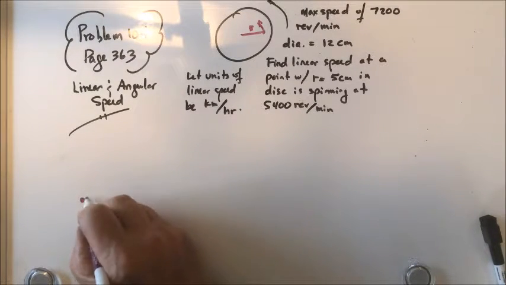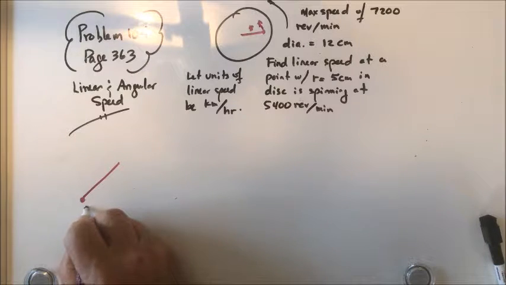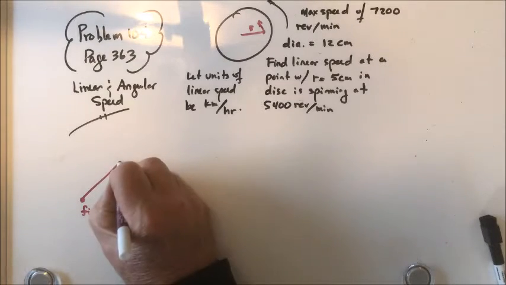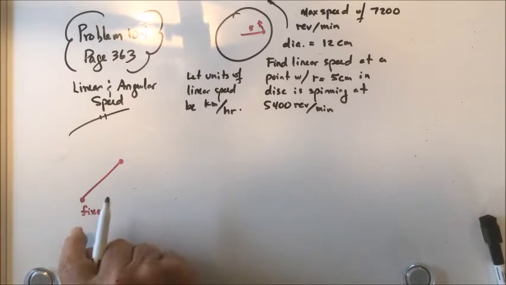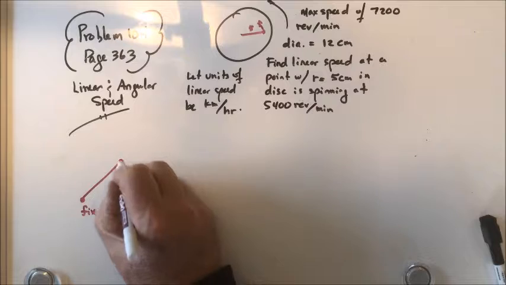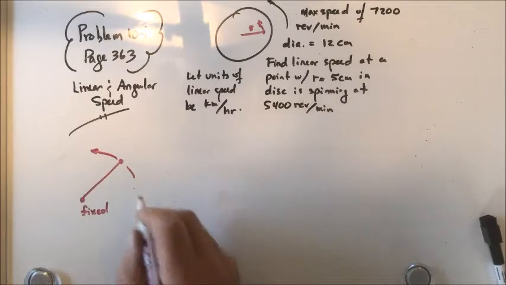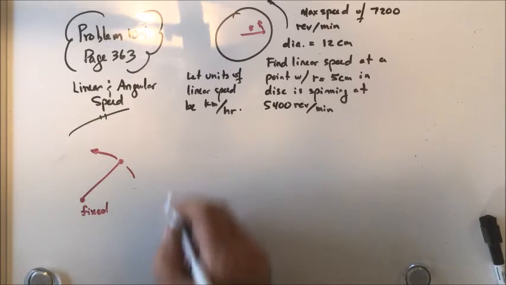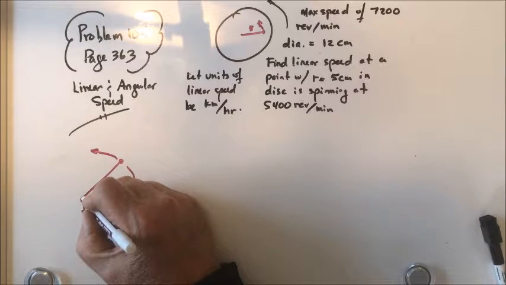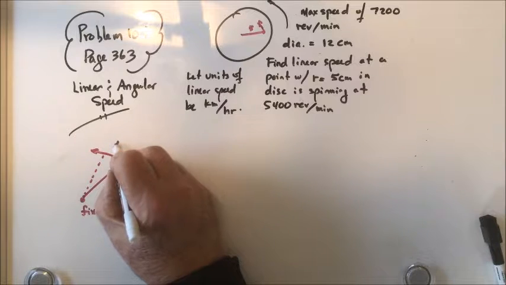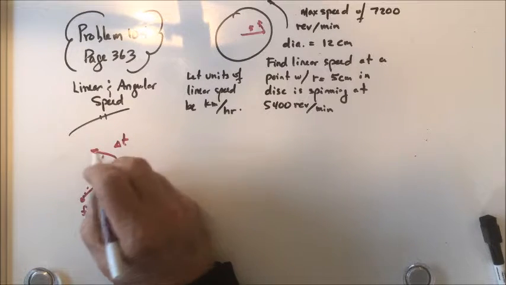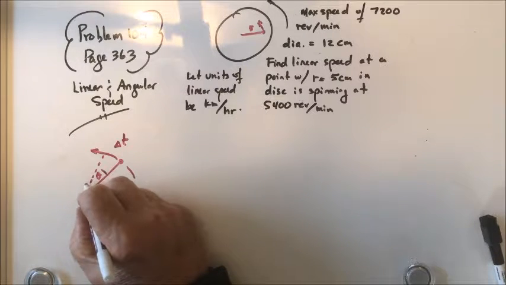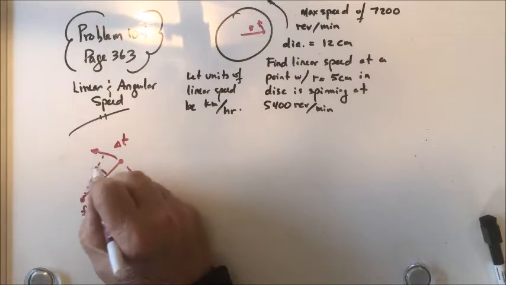So let's come down here, fix a point here, okay? And let's assume we've got a ball on the end of a rope that we're swinging in a circular motion like this. Fixed point, we're swinging the ball around in this fashion. So in a time delta t, let's assume that this swings through theta radians.